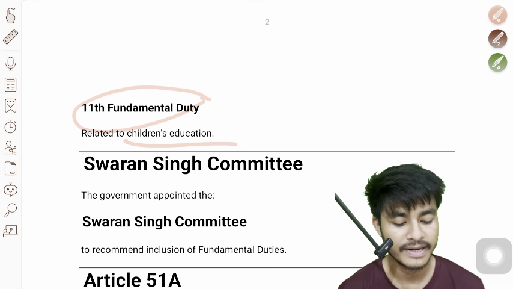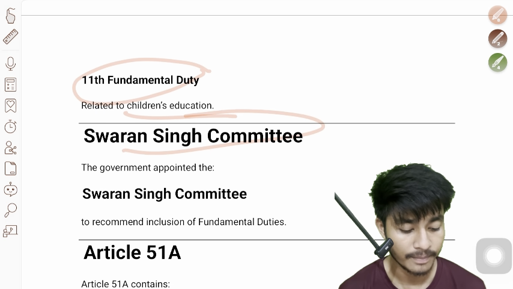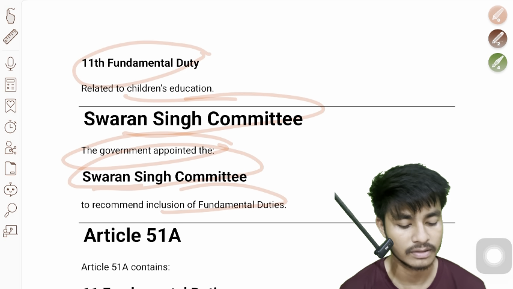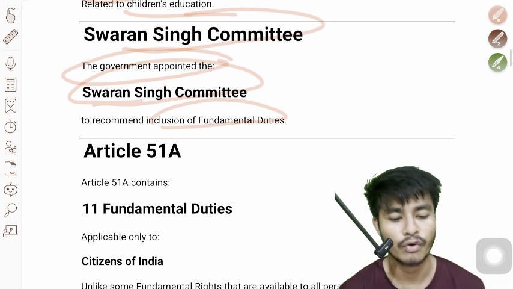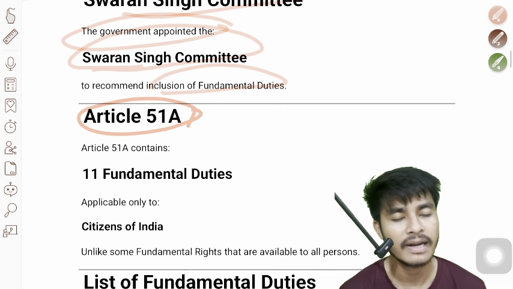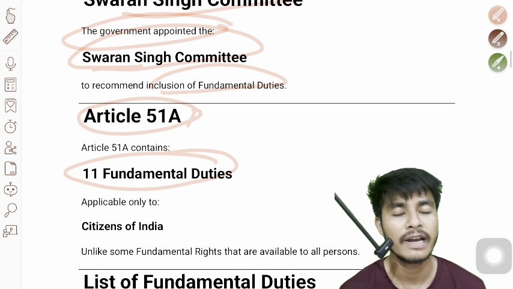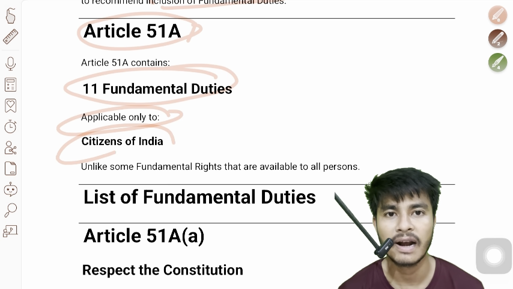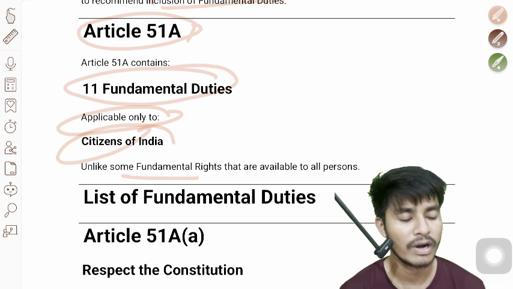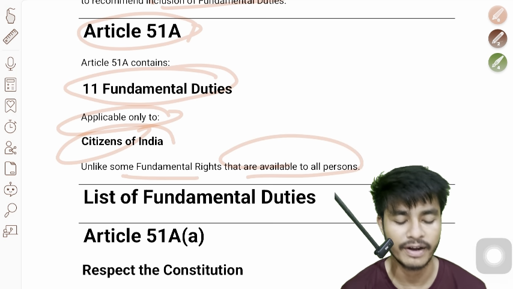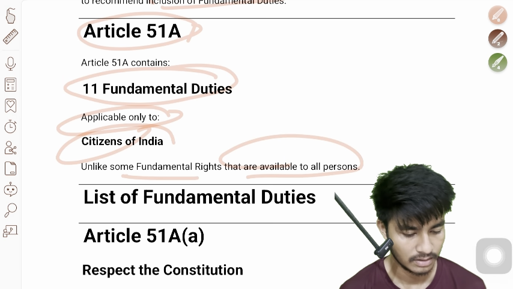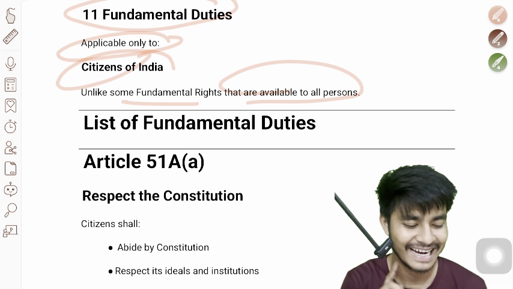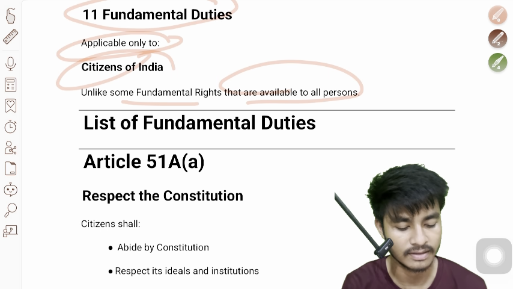So now there are 11 fundamental duties. The government appointed the Swaran Singh Committee to recommend inclusion of fundamental duties. Article 51A talks about 11 fundamental duties applicable only to citizens of India, unlike some rights that are available to all persons.